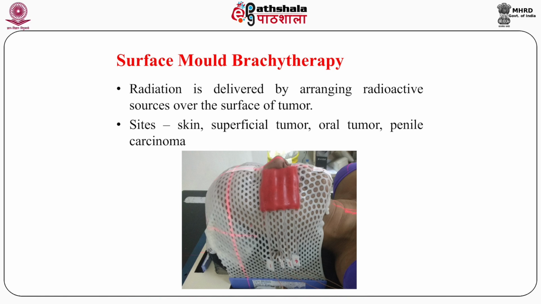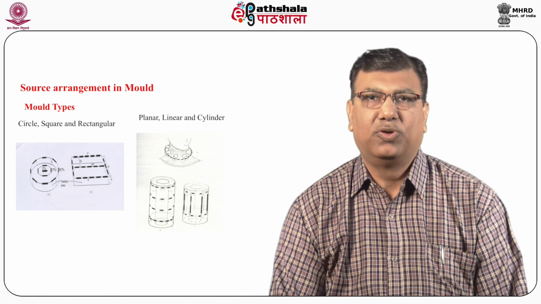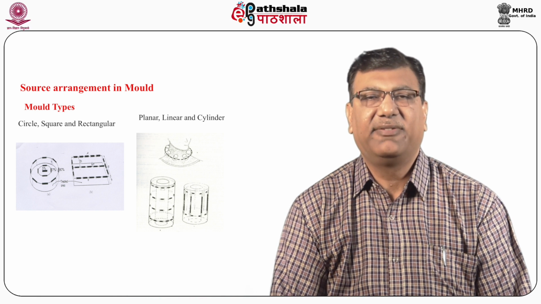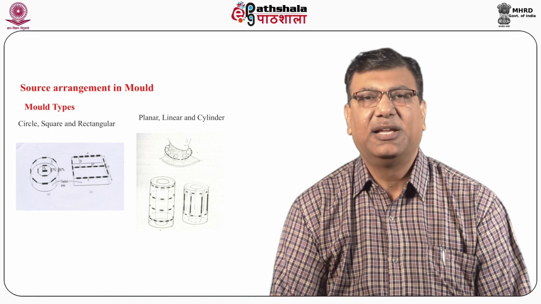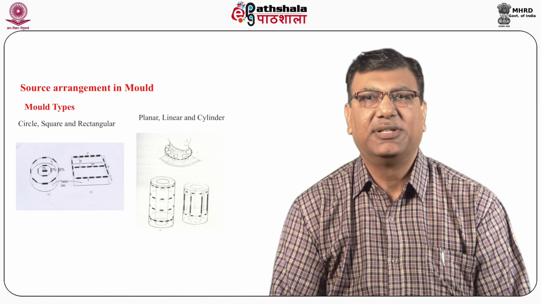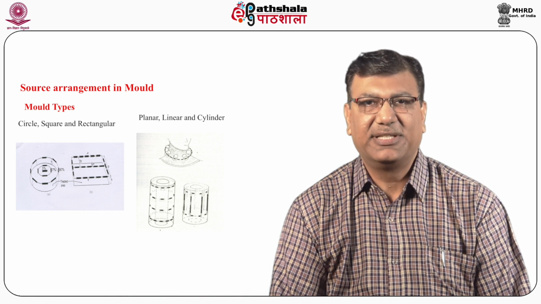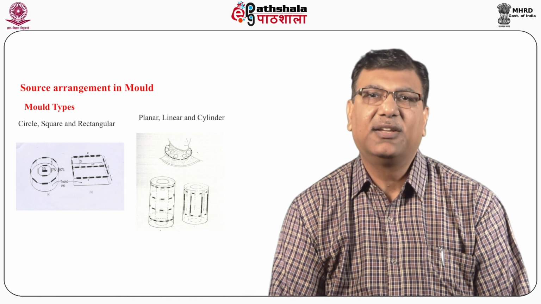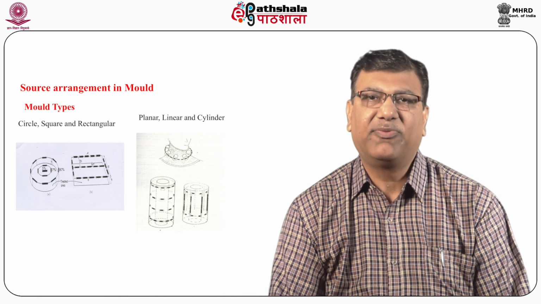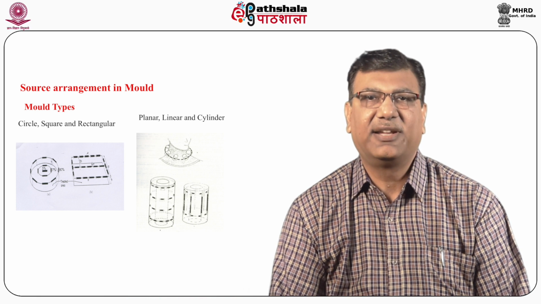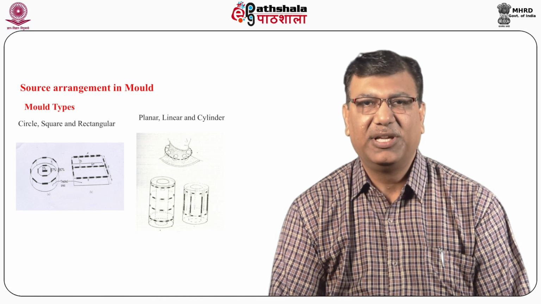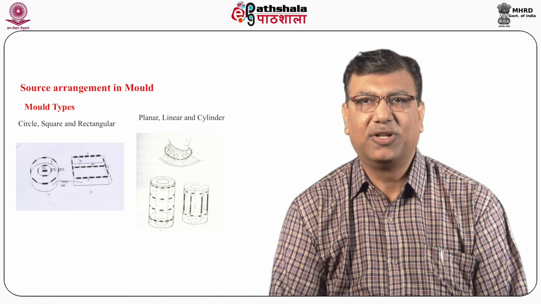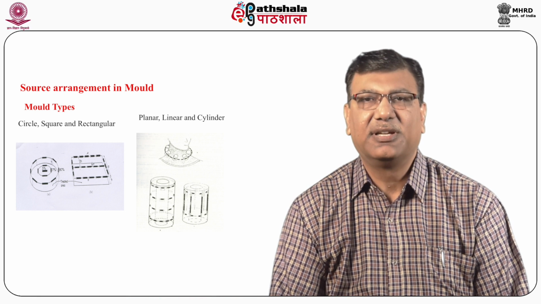The mold is placed on the area of interest. Now, surface arrangement in molds depends upon the area, the type of tumor and the place of the tumor. The arrangement of the sources is shown in the figure, where either circular or rectangular type of field is used, and different levels of source arrangement are also shown in this figure.